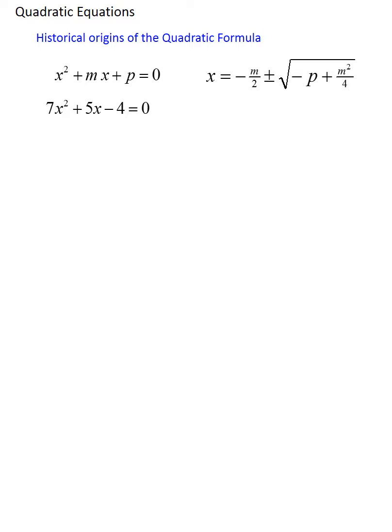Well, somebody had a bright idea. They said, okay, why don't we divide the entire equation by 7? And that would give us the 1, or the blank, in front of the x squared. And then we could use this fraction for m and this fraction for p and use the formula in the upper right corner of your screen.